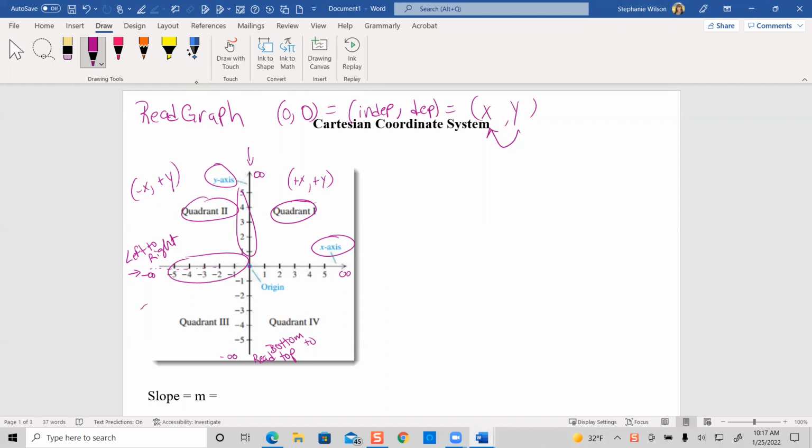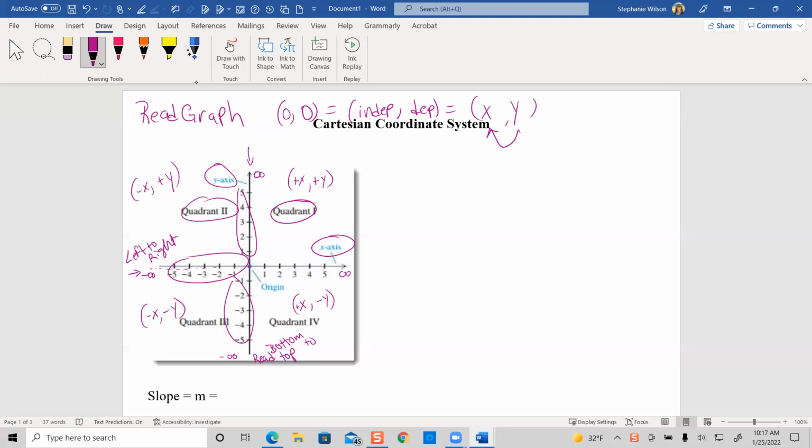Quadrant 3. My x is all negative values, and now my y is all negative values. Quadrant 4, my x is all positive values, and my y is all negative values. So determining where they fall on the quadrant on this graph helps to know where the x's and y's are positive versus negatives and what the origin is.